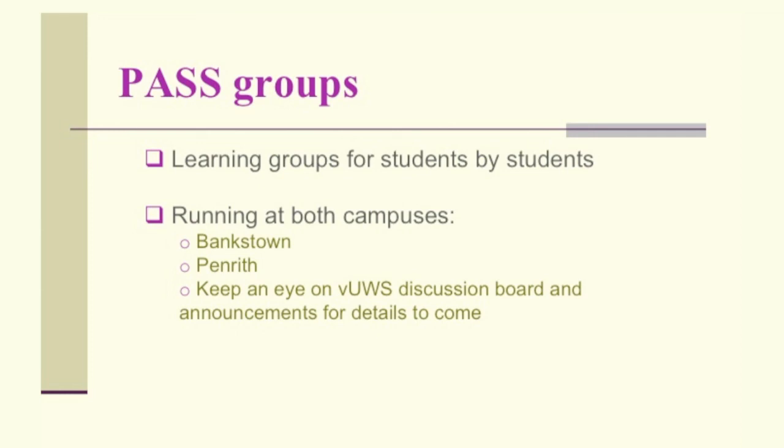Through actively working together with other students, you'll find that you become more engaged with the content and that your understanding deepens. So I highly recommend that you go to PASS, and each PASS session is run by a facilitator who has successfully completed the unit previously.